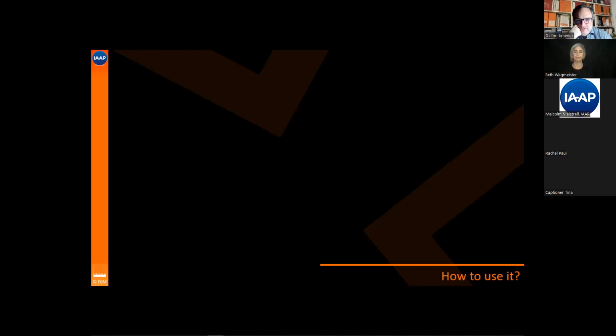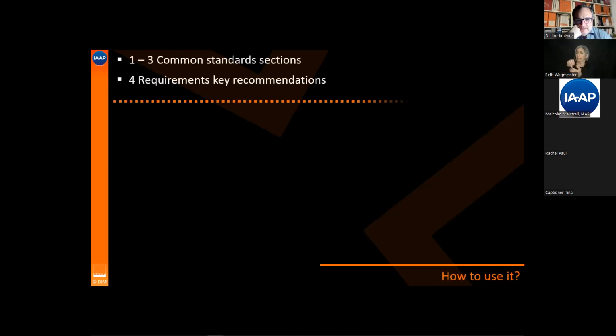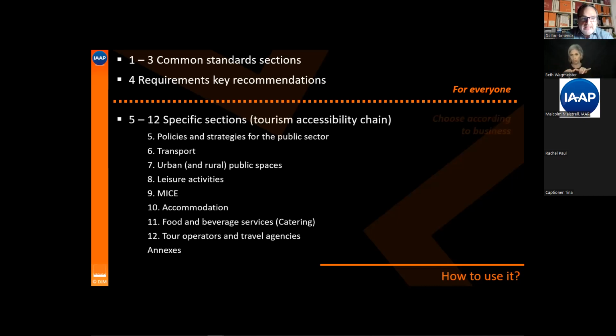Well, how to use it? Sections from 1 to 4 are for everybody, for everyone, because they are common considerations. And from 5 to 12, there are specific sections.